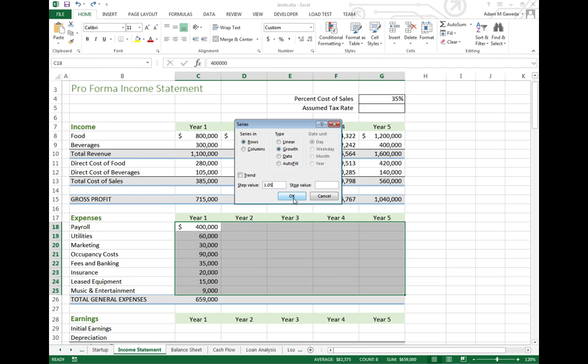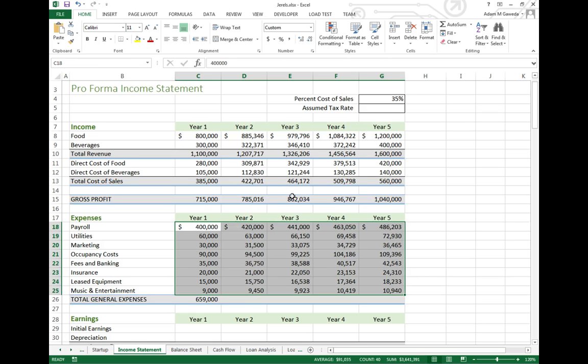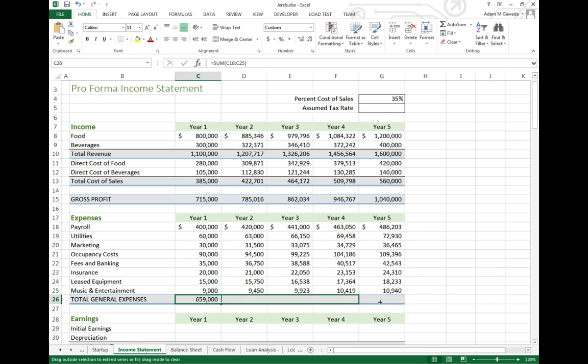Okay, well, we hit OK on that, and you can see suddenly every single one of my expenses goes up. And I know this because, again, I am doing what's known as extrapolating. Big fancy word, but I'm basically saying, all right, here are my intro expenses. I'm going to guess they're going to be going up at a constant rate. Here's that constant rate.